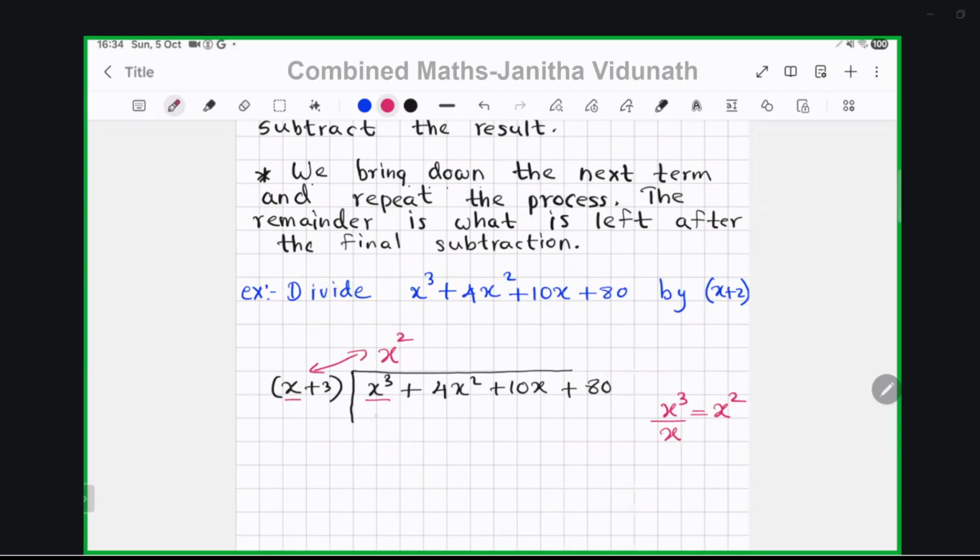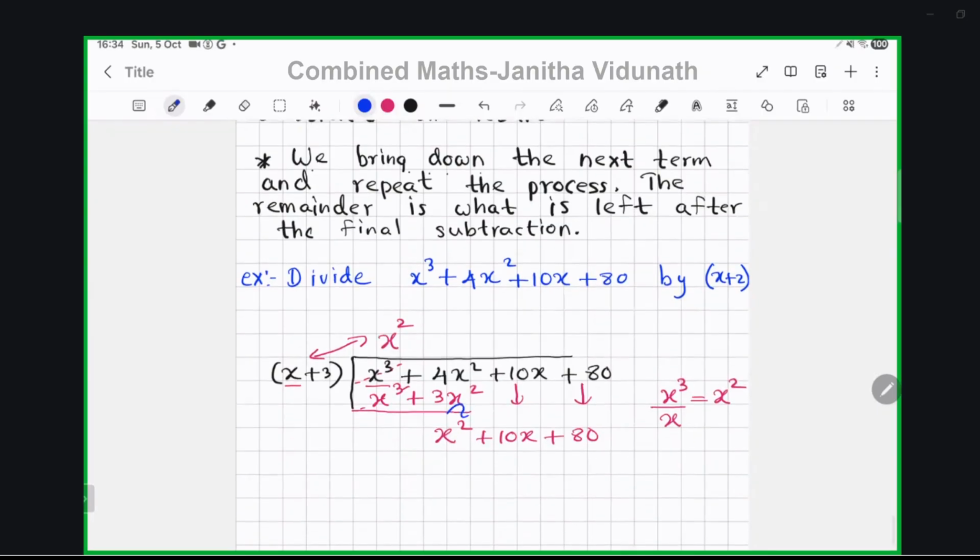Then we will get x cube plus 3x square. Then we subtract those two. Then x cubes are cancelled out. 4x square minus 3x square will give x square. Then we bring down the remaining terms. That means plus 10x and plus 80.